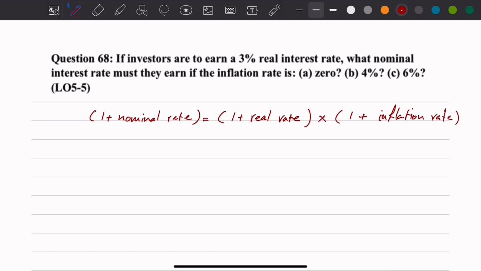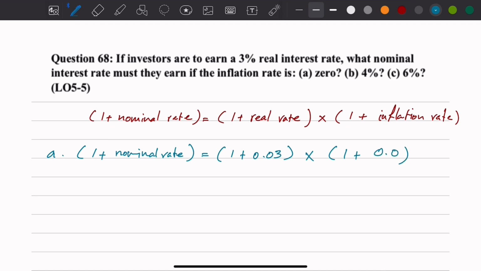Okay, so for A, we want to find 1 plus the nominal rate, knowing that the real rate is 0.03 and the inflation rate is 1 plus 0.0, right?